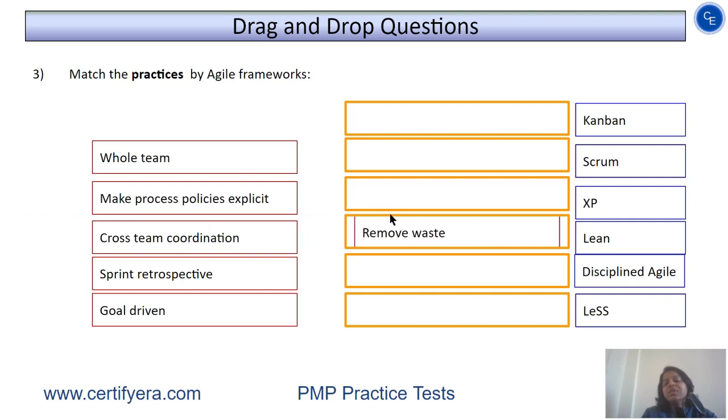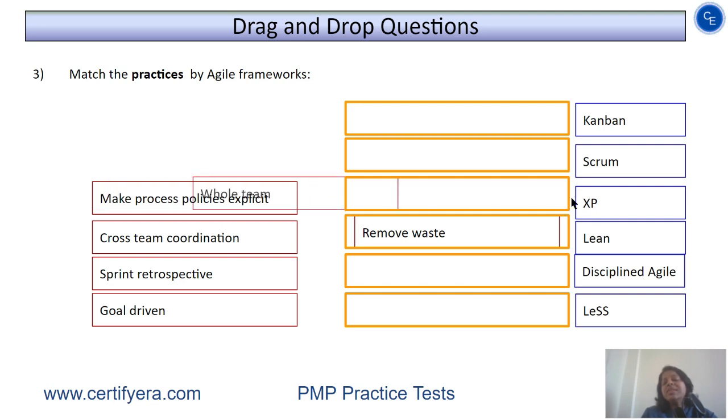This is how we drag the item onto the empty box so as to match it with the right framework. The next practice is whole team. Whole team means whole team responsibility and collective ownership. These kinds of practices we get to hear about in extreme programming, that is XP. So whole team matches with XP.